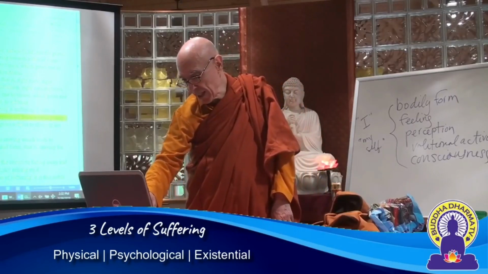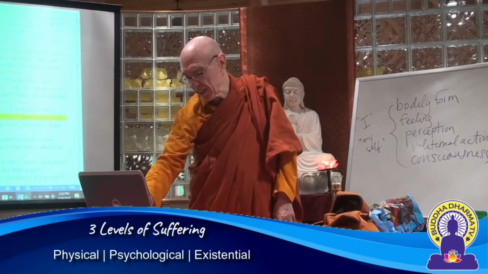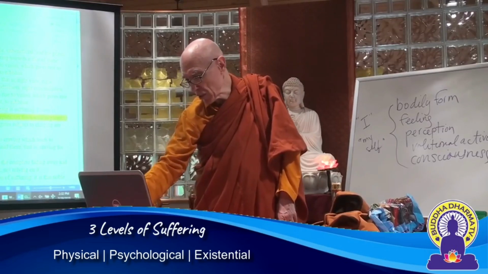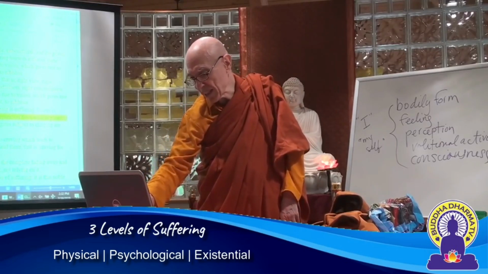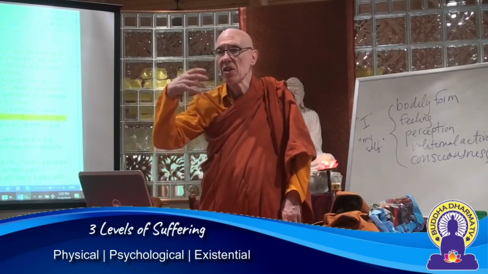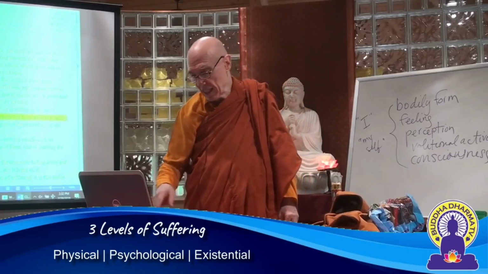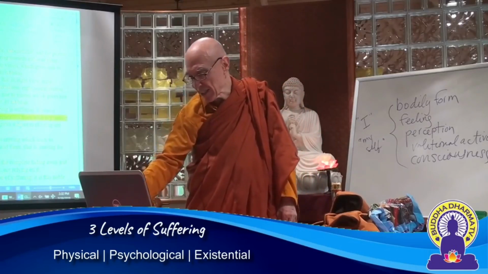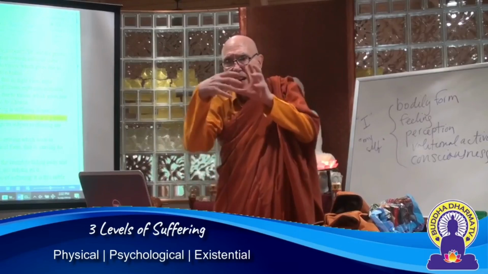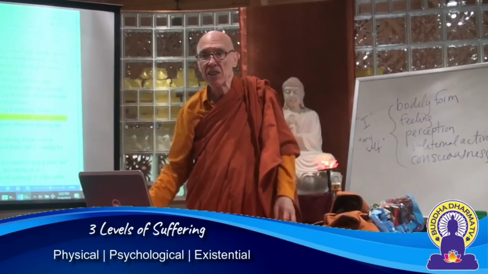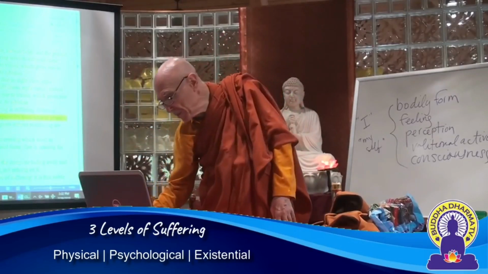The middle 3, union with what is displeasing, separation from what is pleasing, not to get what one wants, those are 3 aspects of psychological suffering or dukkha. And then the 5 aggregates subject to clinging, that is existential dukkha.